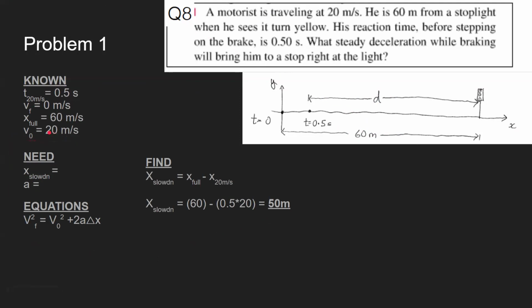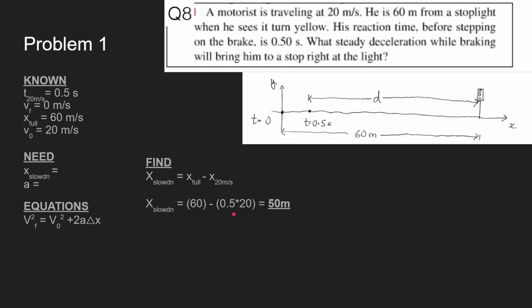Well, all we have to do is multiply 20 times 0.5, so velocity times time, because we know that distance is velocity times time. Just like velocity is distance over time, when there's a constant velocity, which there is, 20 meters per second at that time. So all we have to do is multiply the times.